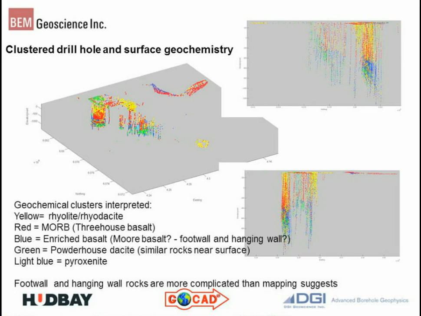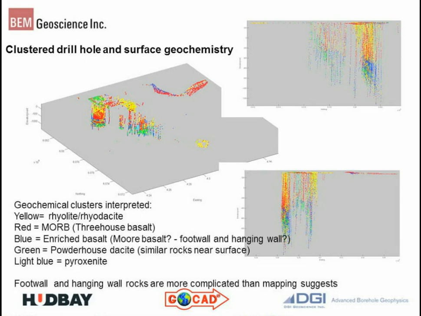And the blue is an enriched basalt, probably the MORB basalt. So he was noticing that this blue unit, this enriched basalt, exists in the footwall and in the hanging wall. You can see it in some of the superficial data, and then also in some of the deeper data. So it's just adding to the interpretation of the geology of this deposit and area. And then the green is this Powderhouse dacite, and again he said you can see the greens at depth correlating with the Powderhouse dacite, and then also at the surface.